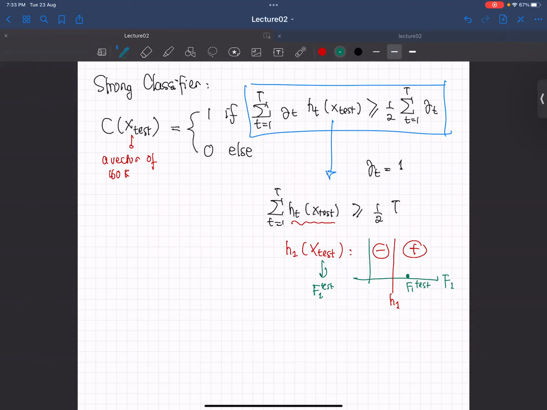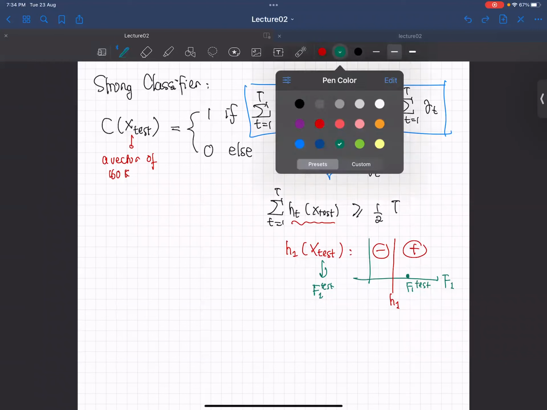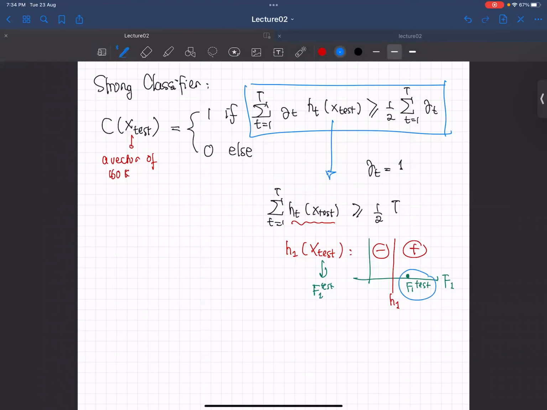In this case, what would be the value of H1? It is equal to 1 because it's positive. F1 here is considered to be positive by H1, so the output of this equals 1. If your X or F1 dash is on the left, then it will be labeled as negative, or 0.